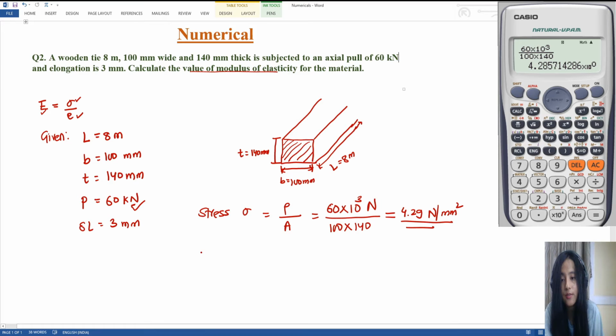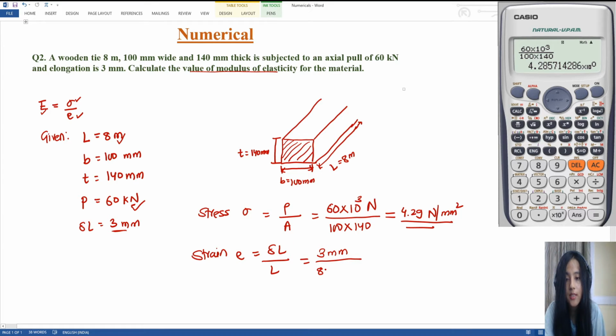So we have stress. Now let's find strain. Strain e will be equal to change in length by its original length. Change in length, del L is given 3 mm, divided by its original length, which is again given in meter. We need to convert this meter to mm, so it will be 8 into 10 raised to power 3 mm.